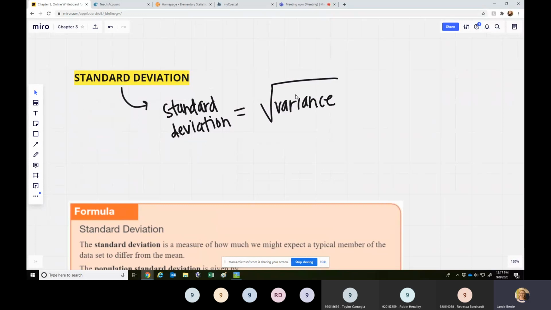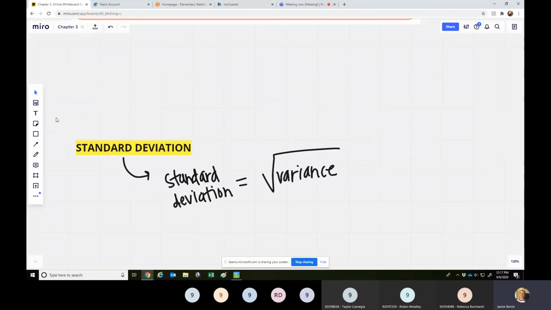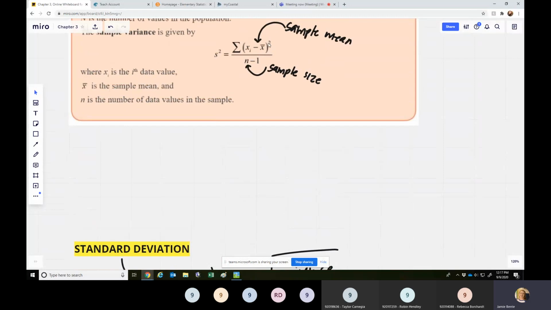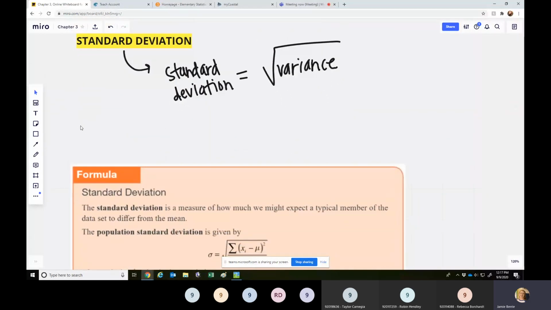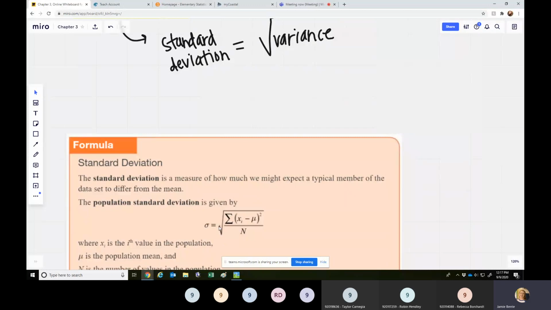All right, so this process here where we take the square root of the variance to get the standard deviation, that's all based around the fact that we had to square all of those deviations. That's what the inside of this parentheses is called. It's called the deviation.